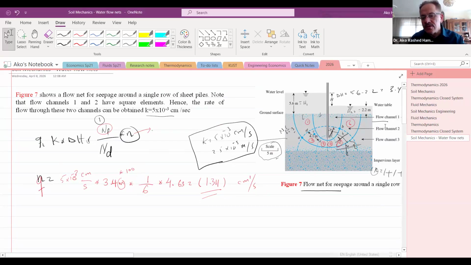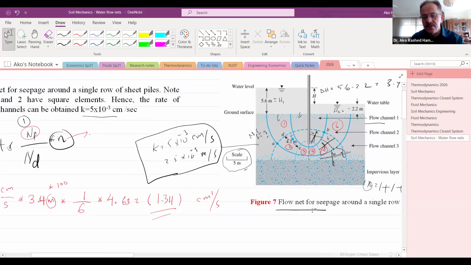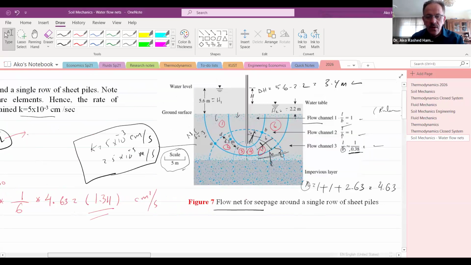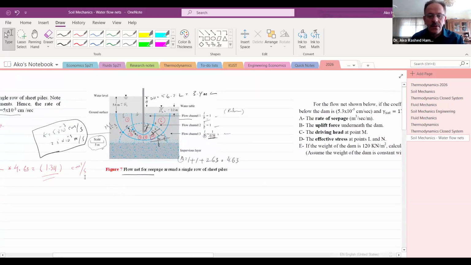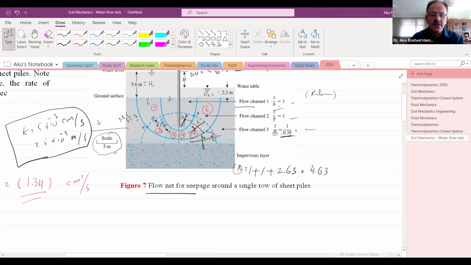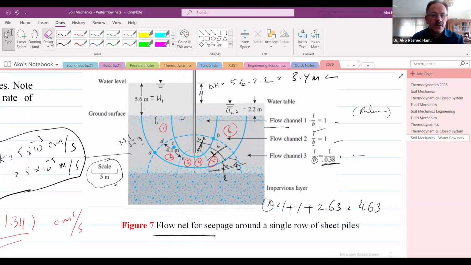Now, there is one more thing that usually they will be asking for in these kinds of examples. If I have, let's say this, this is the flow net.